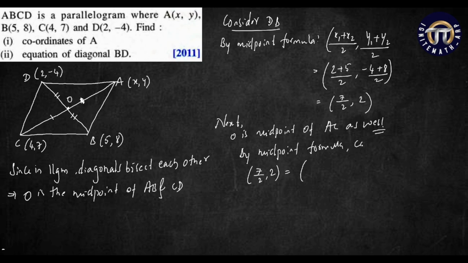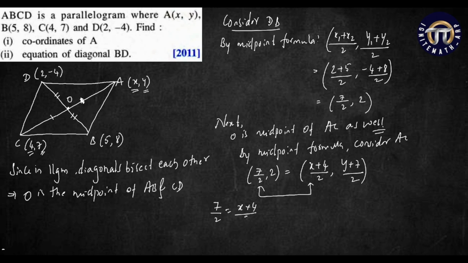Now here I am considering AC. So I can say (x plus 4)/2, because x is over here and 4 is over here, then (y plus 7)/2. So I'll equate these two to find x. So 7/2 is equal to (x plus 4)/2.